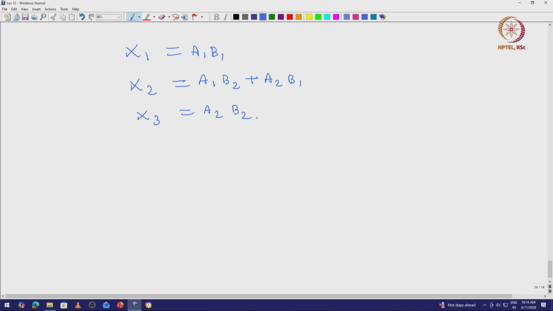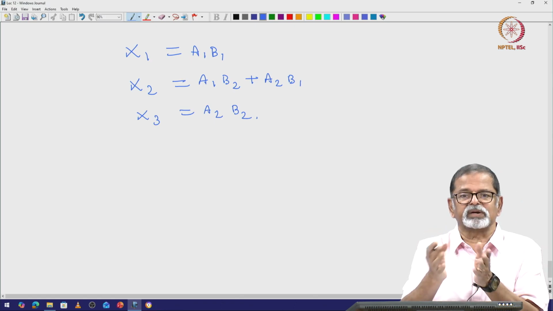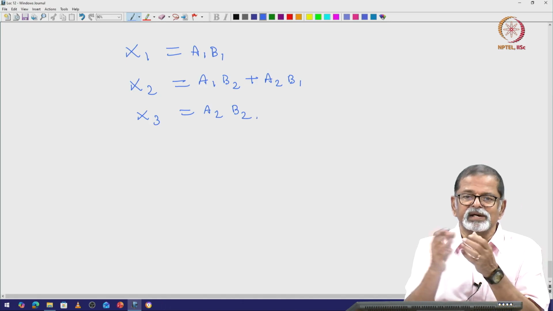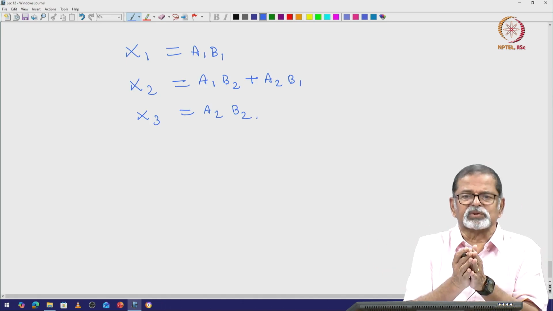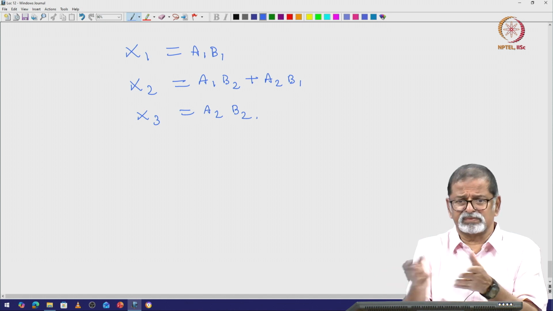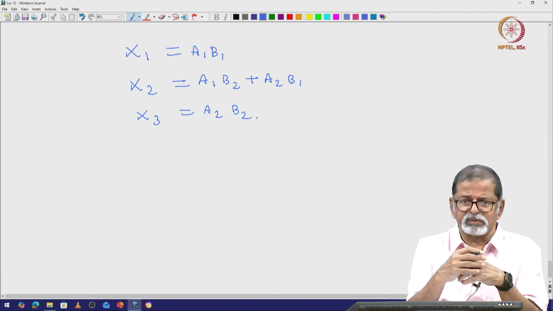If I compute these quantities, then I can find AB by multiplying x1 with 2 power n, x2 with 2 power n by 2, and x3 I will consider as it is, and add all of them. So that requires only addition of 2n-bit numbers maximum, right.